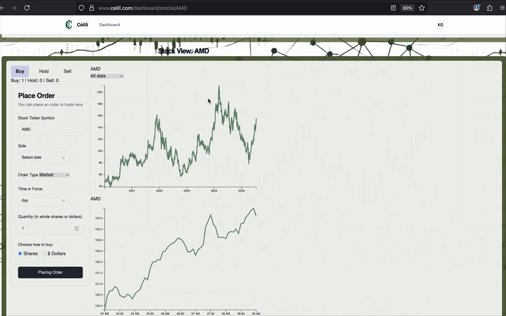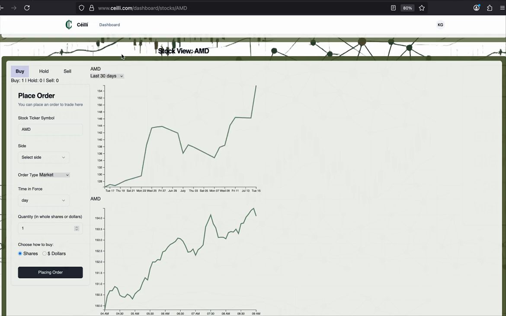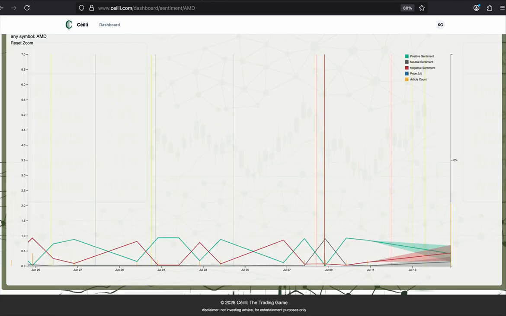Now this is several years of price chart data, but if we go back here and click on the last 30 days, we can see that around July 7th, right here, the price just starts to skyrocket. The sentiment goes up and the price goes up with it. Eventually AMD went up 13% on this trade.